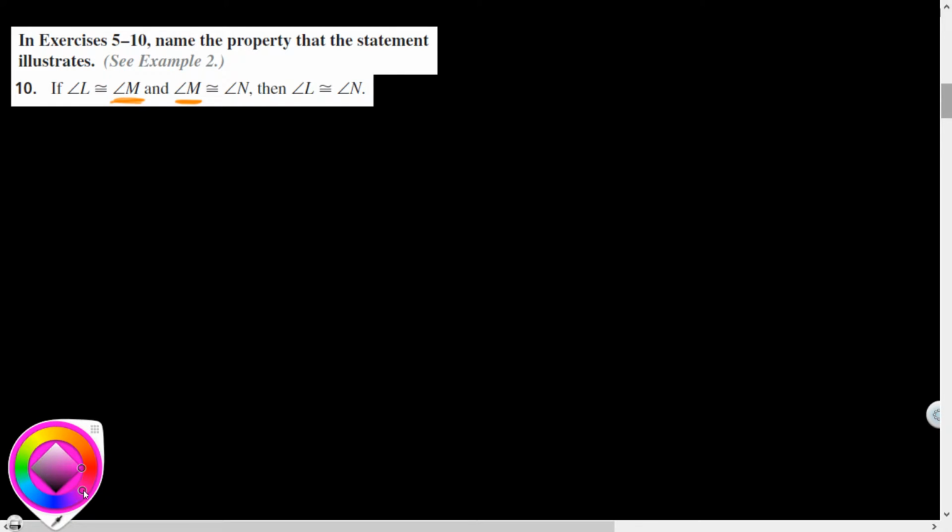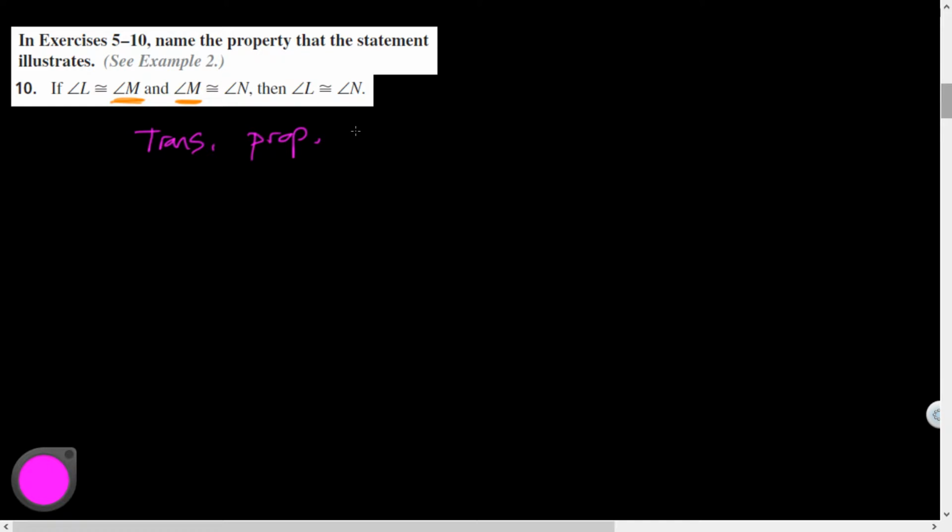More specifically, the transitive property of what? These aren't equal signs, so it's the transitive property of congruence. Same idea.